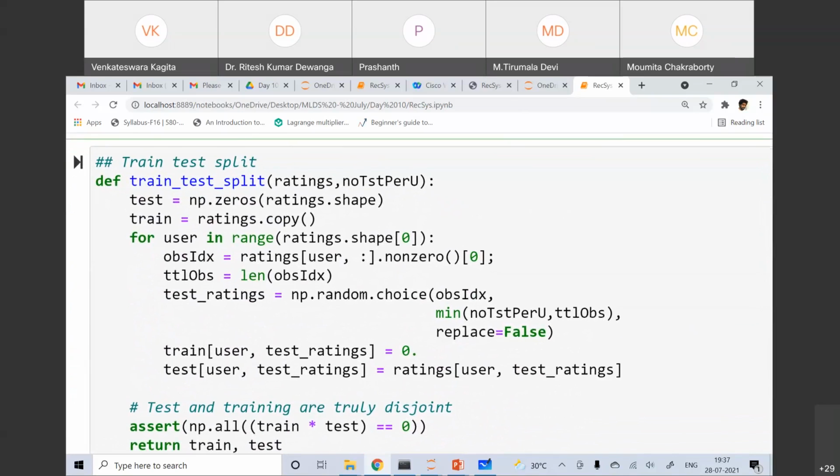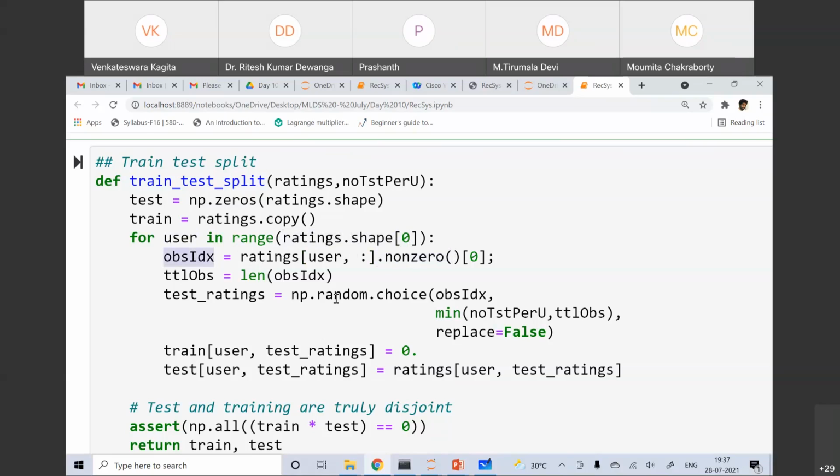We are taking the observed entries for all the users, observed indices for each and every user. So user in the range of ratings dot shape of 0. Ratings dot shape of 0 means the number of rows in the ratings information. Number of rows is equivalent to number of users. So for each user, we are getting the non-zero entries. Non-zero entries are the observed indices.